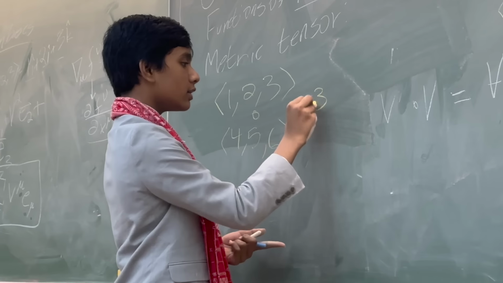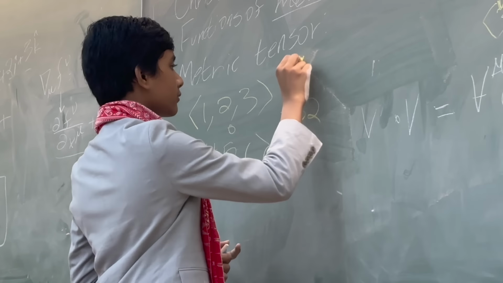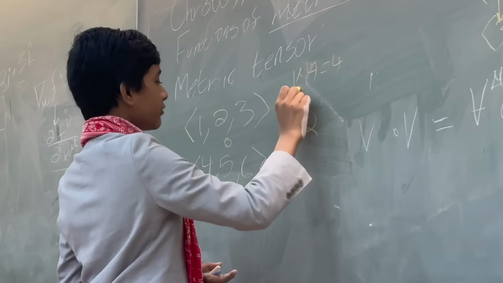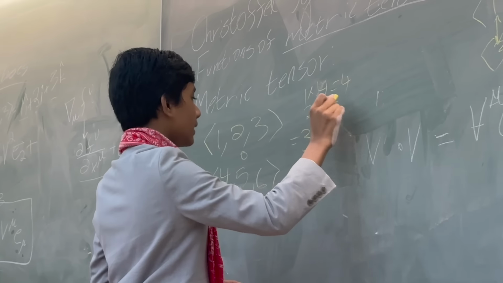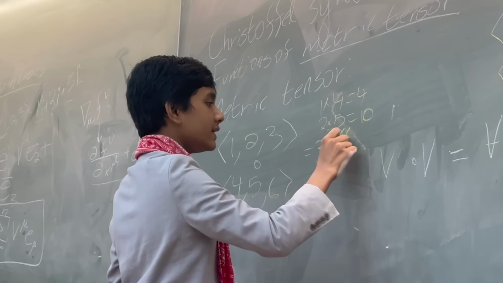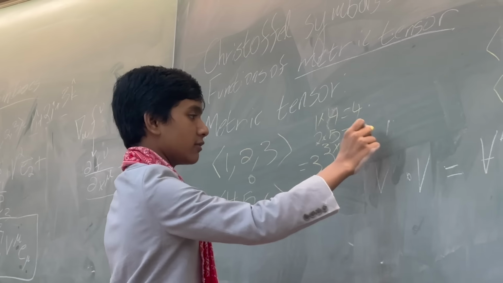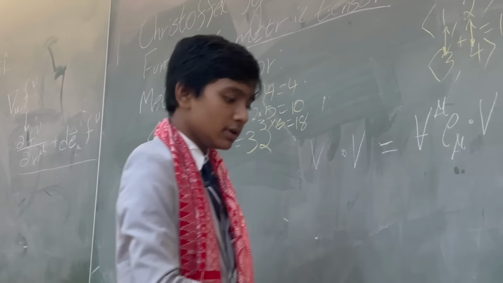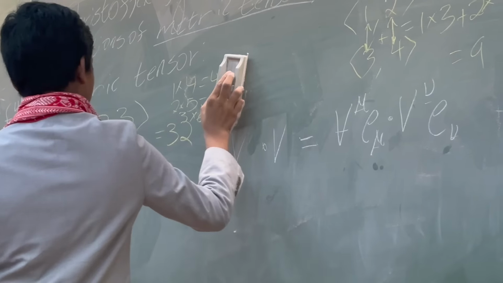Anyone? Okay, good, 32. So the way you all do it was 1 times 4 is 4, 2 times 5 is 10, and 3 times 6 is 18. And of course, you guys are very quick summers, so this is going to be 32.